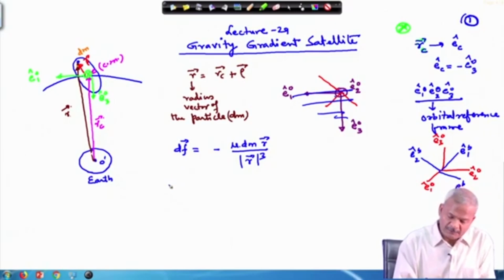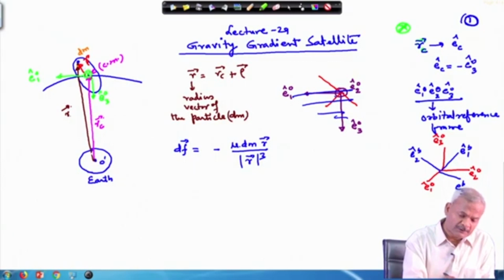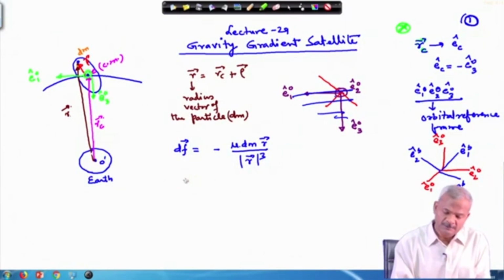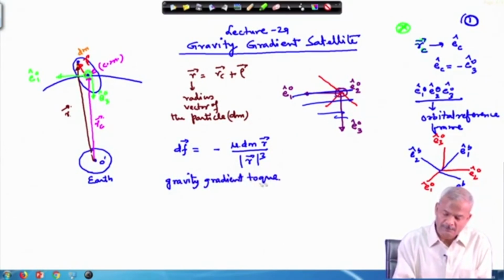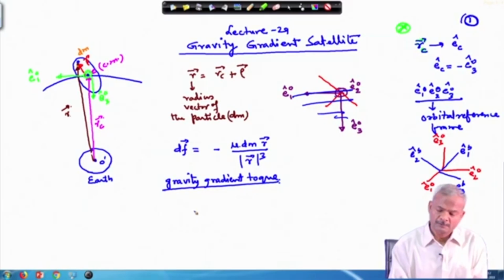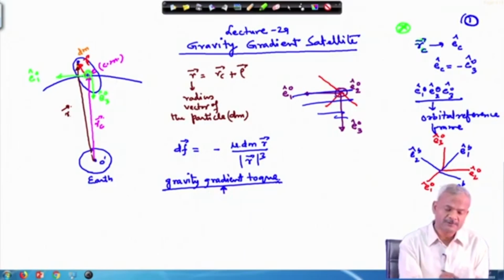And therefore, the gravity gradient torque about this point, which I am showing here by the blue point. It is important to remember this gravity gradient, because it is because of the variation of the gravity along the radius vector r.